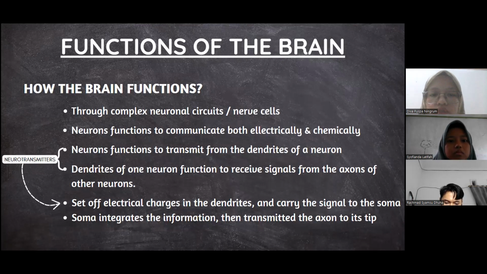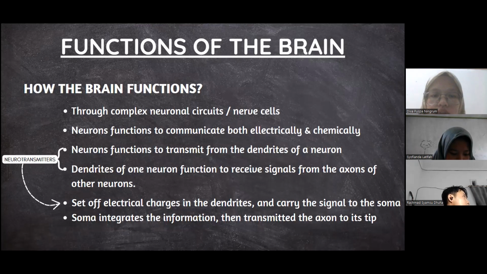So the brain functions by complex neuronal or nerve cell circuits, and communication between neurons is both electrical and chemical and always travels from the dendrites of a neuron through its soma and out its axon to the dendrites of another neuron.